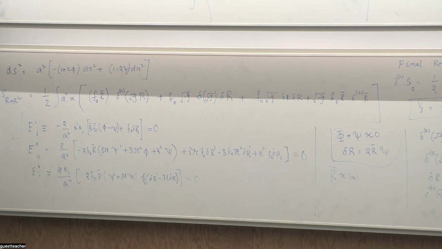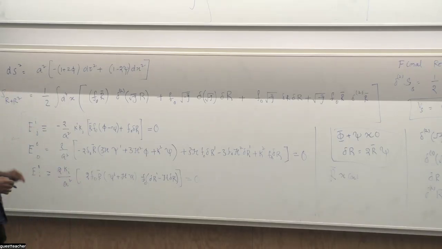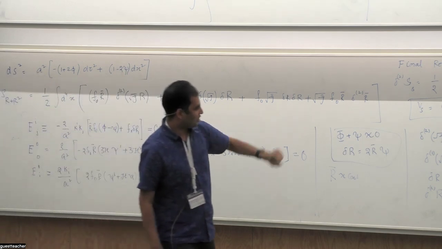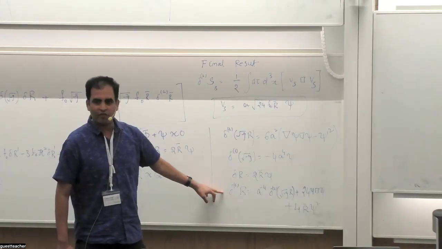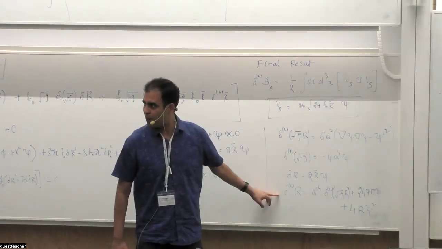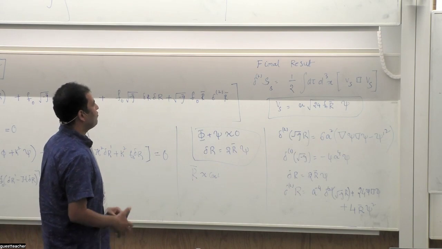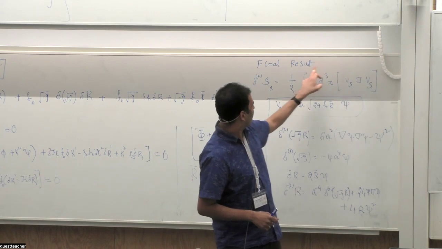So you get these two constraints and then write the second order action to look at what the dynamical degree of freedom is. You write all possible perturbations, and after imposing this constraint, they reduce to very simple terms, which you combine, and with a field redefinition, you bring it to this form.